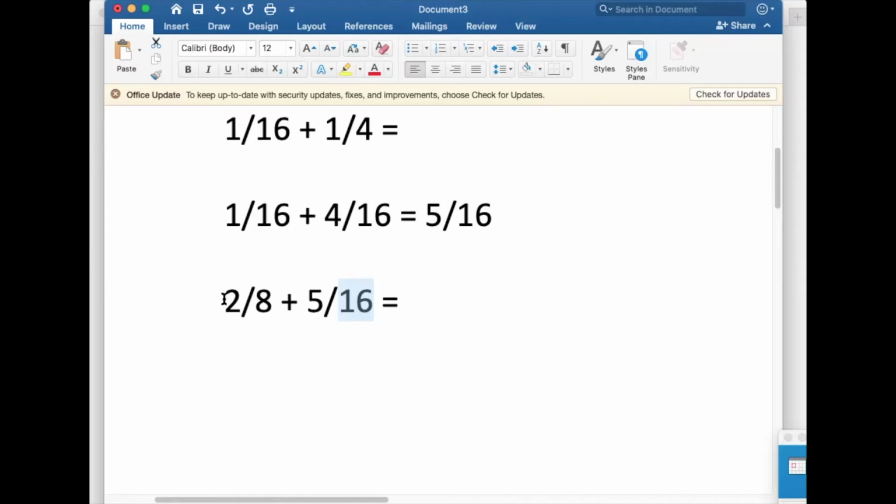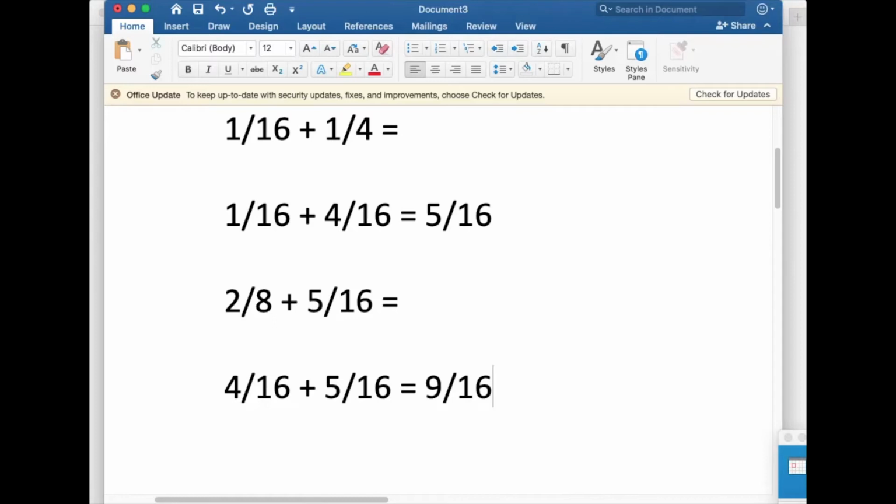So we're going to multiply both of these numbers by 2, and we get 2 times 2 is 4, 8 times 2 is 16, plus 5/16, and 4 plus 5 is 9/16.